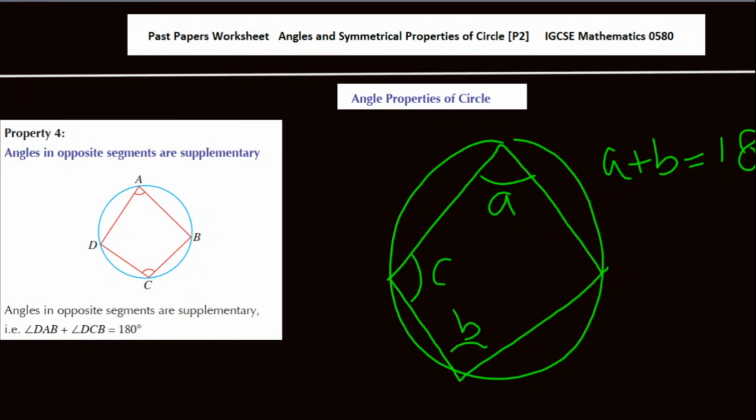Similarly, if this is, let's say, C and D, then C plus D is equal to 180 degrees. This is also called a cyclic quadrilateral. A cyclic quadrilateral is a quadrilateral whose all four vertices touch the circumference of a circle. So in a cyclic quadrilateral, the sum of opposite angles equals 180 degrees.